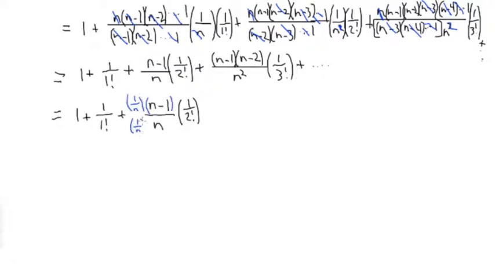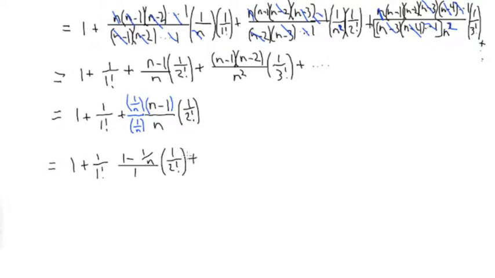Good. And if we do that, what do we get? Okay, so this 1 and the 1 over 1 factorial, that's still there. Well, we have the 1 over n canceling with one of these n's here, so we're left with 1 minus, now 1 times 1 over n is just 1 over n, and all of that's divided by 1, because 1 over n times n is just 1. And that's times 1 over 2 factorial.